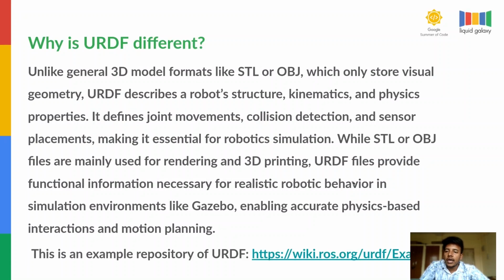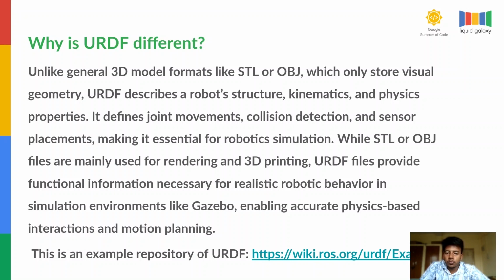So why is URDF different from any file format that Blender produces or Fusion 360 produces? Okay, so it is different because unlike 3D models like STL, the file format we use for 3D printing, or OBJ, which only store visual geometry, URDF describes a robot's structure, kinematics, and physics properties.